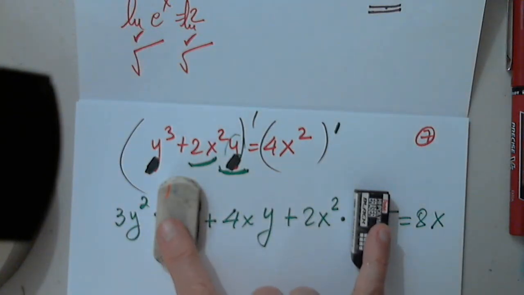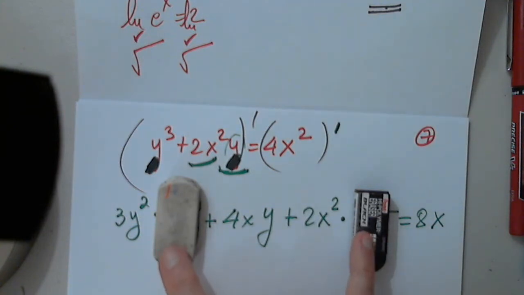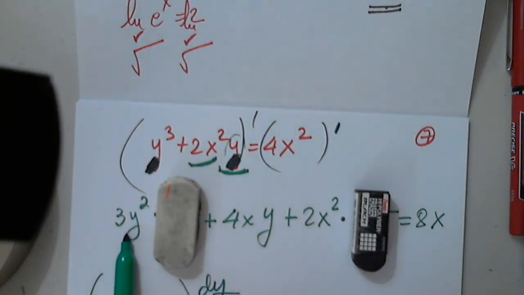These two terms have this variable in common. I will pull this out. What is left in parentheses when I pull dy over dx? What should I write in parentheses?